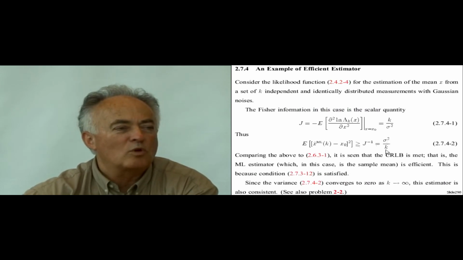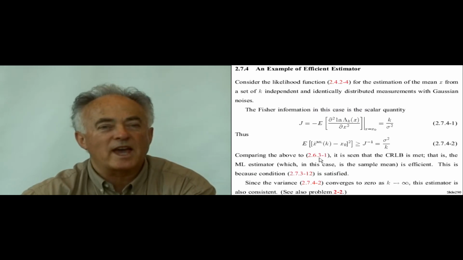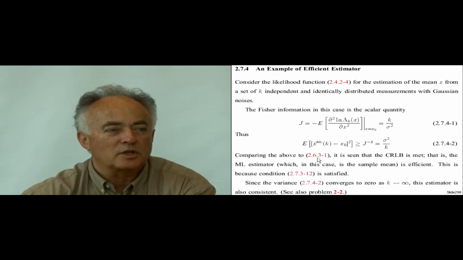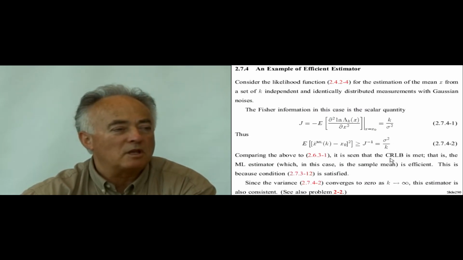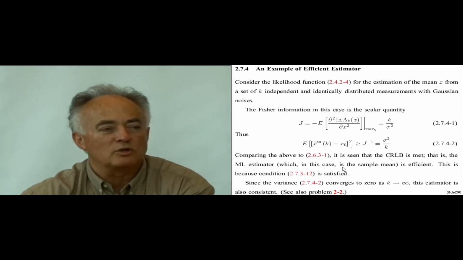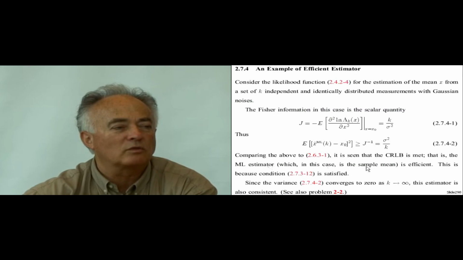Well, if we look at the equation indicated here, where we have already derived the actual variance of our estimator, it was exactly the same, which means the actual variance is the same as the bound, namely the maximum likelihood estimator, which in this case is the sample mean, is efficient. Our condition of equality in the Cramer-Rao lower bound is satisfied.